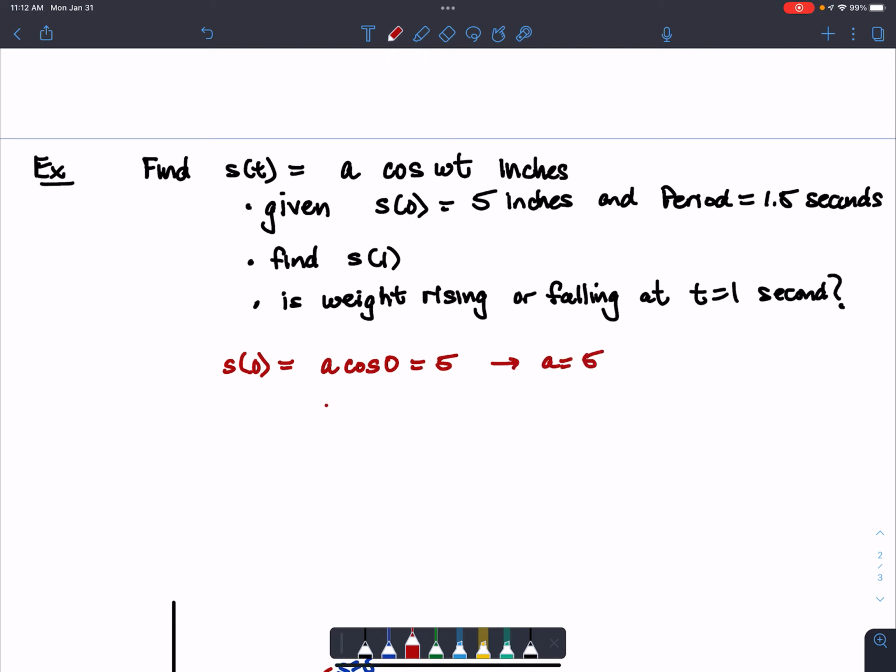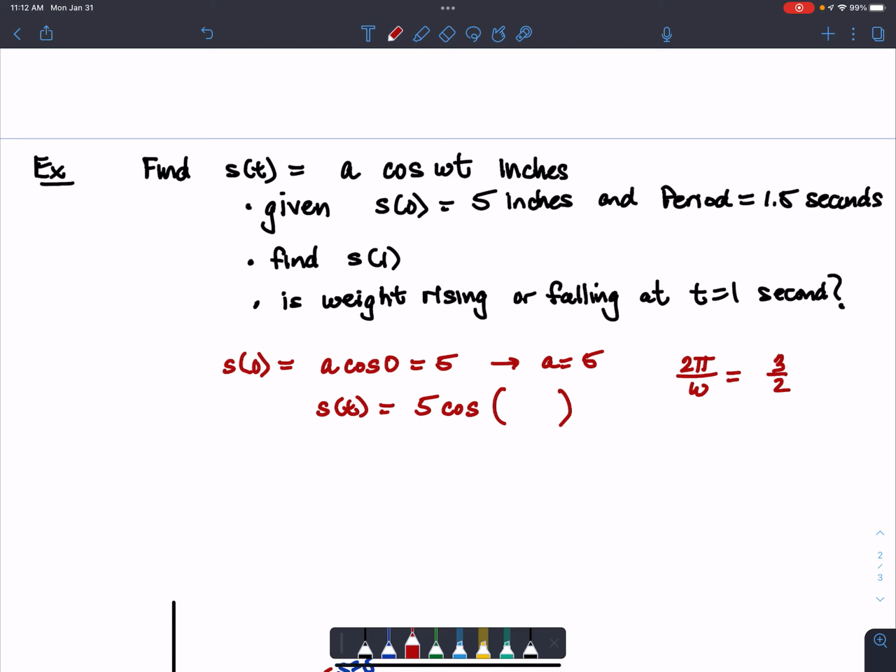Yay. So that means S of t is equal to 5 cosine of something times t. Now, we know that the period is 1.5, so we know that the period is 2 pi over omega, and that's equal to, now I could write 1.5, but I'm going to write it as 3/2.